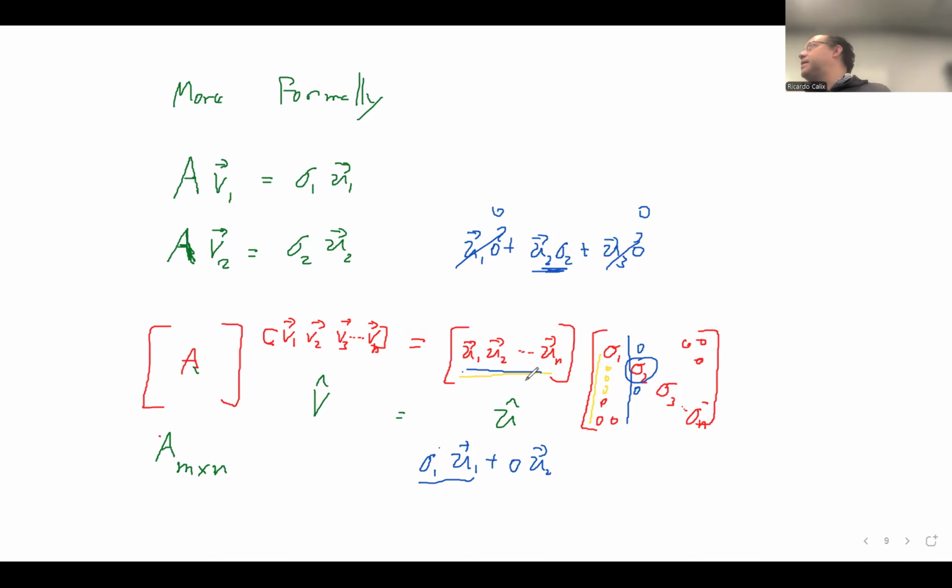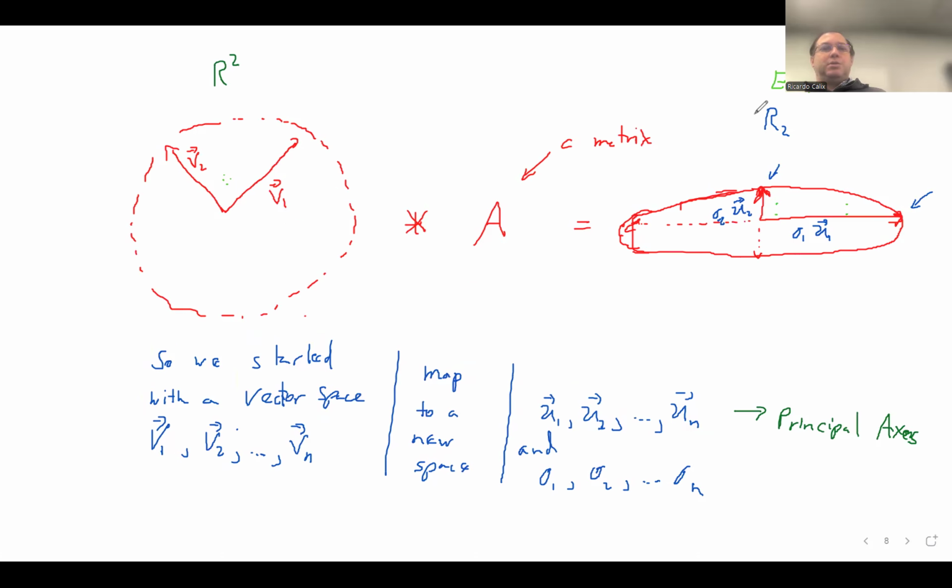We always can get the same number of vectors, but there's going to be a nice trick that we're going to see in a second. But just keep in mind right now, like in our previous example, we were going from R2 to R2. You see that? So we're going from R2 to R2.